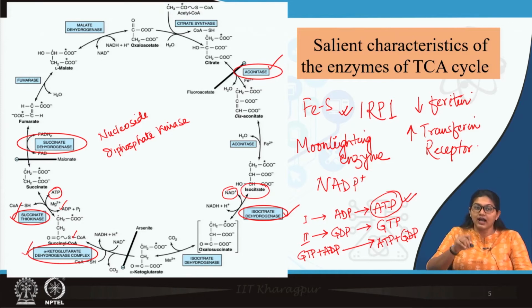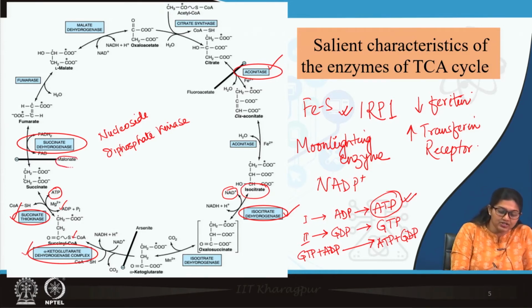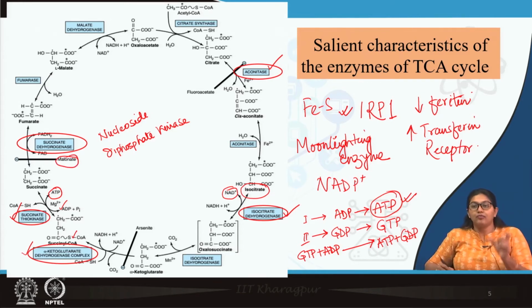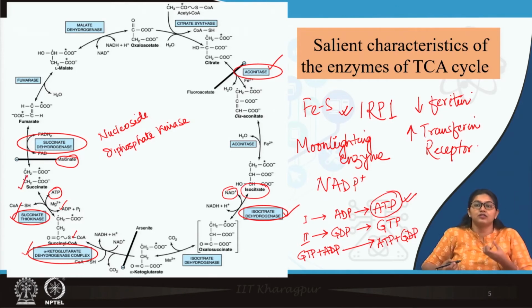Now, succinate dehydrogenase, I have discussed in the previous class that the inhibitor here is malonate. Malonate is a competitive inhibitor of succinate dehydrogenase and basically it is a structural analog of succinate. So, it competes with succinate to bind with the enzyme succinate dehydrogenase.